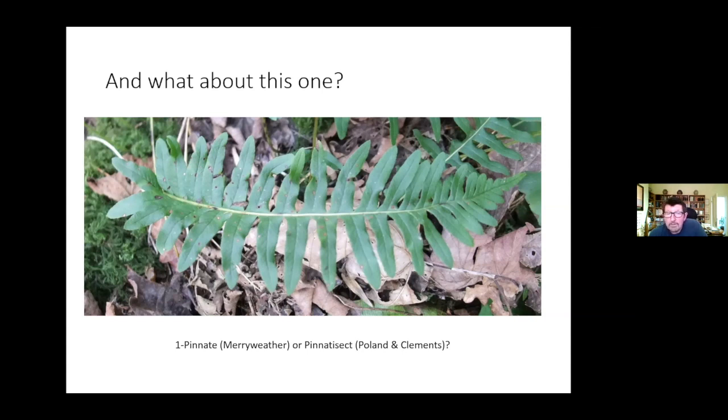Now, I don't want you to go out hunting for ferns and then coming back covered in bruises because you've had an argument. So do just be careful that there are different ways of keying these ferns out, and different ways of looking at the structure, depending on whose book you've bought, and depending on who you favour.